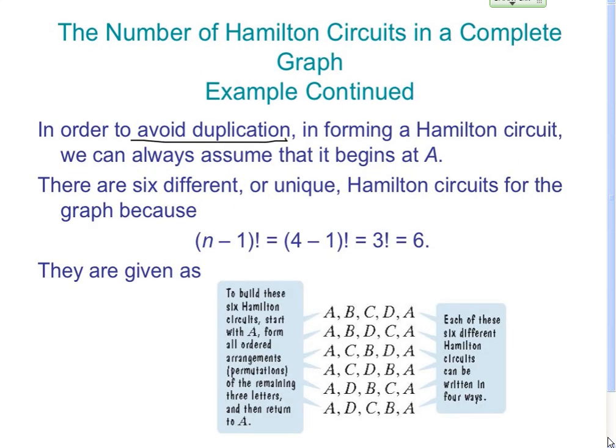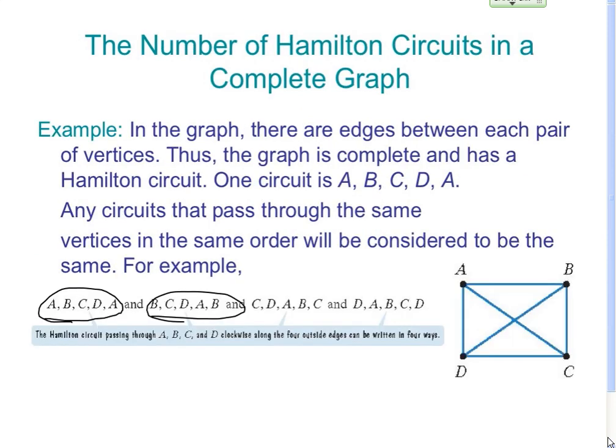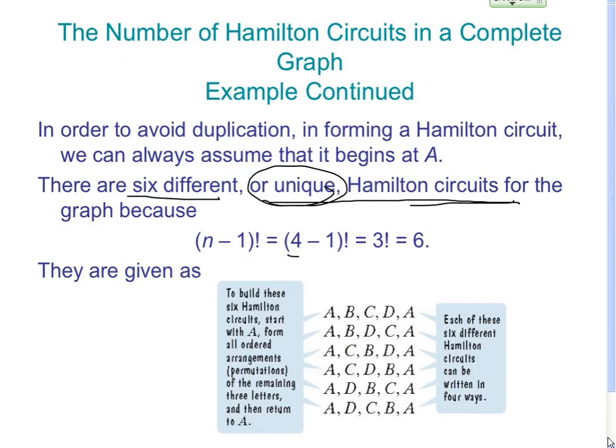One way to avoid duplication is always assume that we're going to start at A. There are 6 different unique Hamilton circuits for the graph. There were 1, 2, 3, 4 vertices. 4 minus 1 is 3.